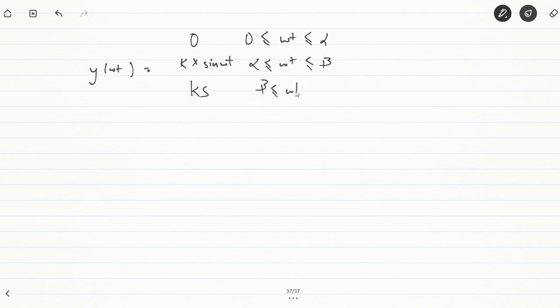Y of omega t will be equal to 0 for omega t from 0 to alpha. It will be equal to kx sine omega t for omega t from alpha to beta, and it will be equal to the constant ks for omega t from beta to pi by 2.